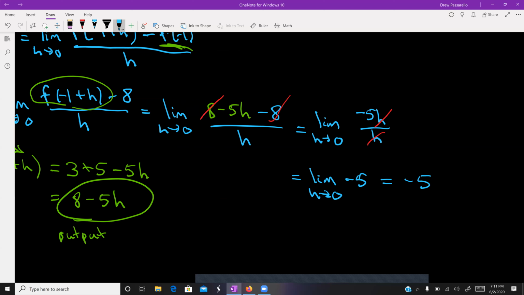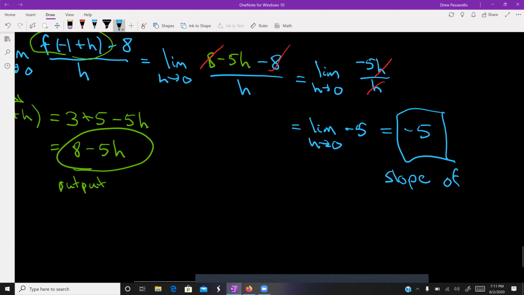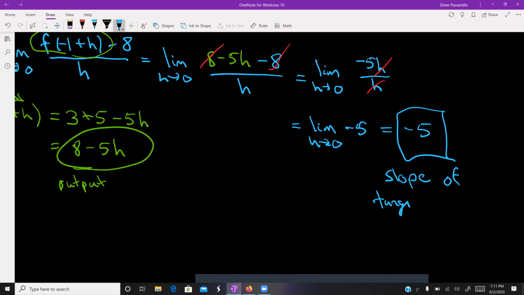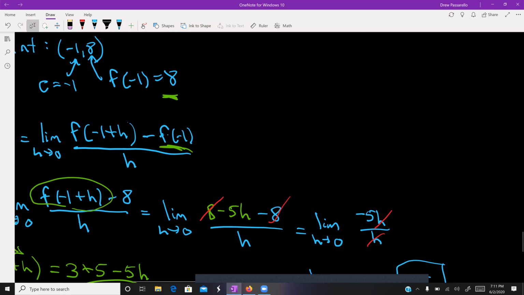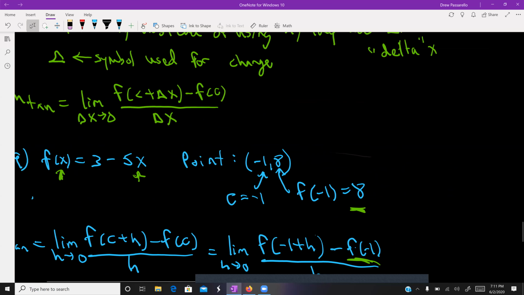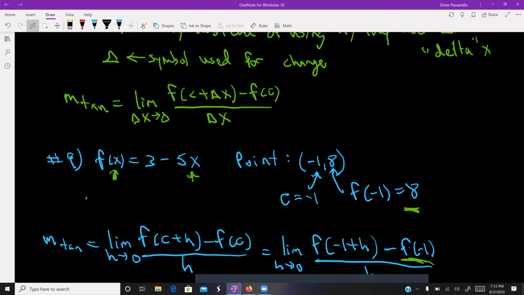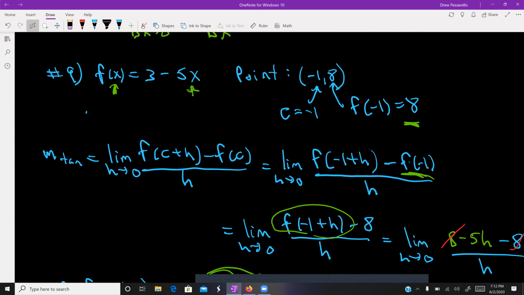And this is the slope of the tangent line at the point negative 1 comma 8. So I just used the definition.